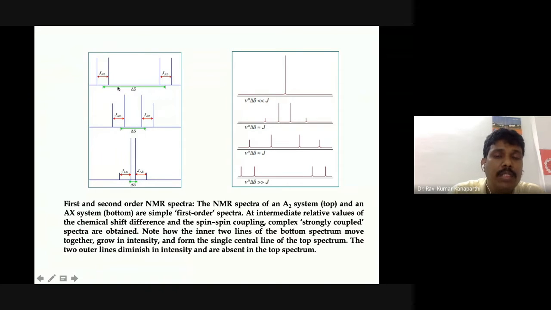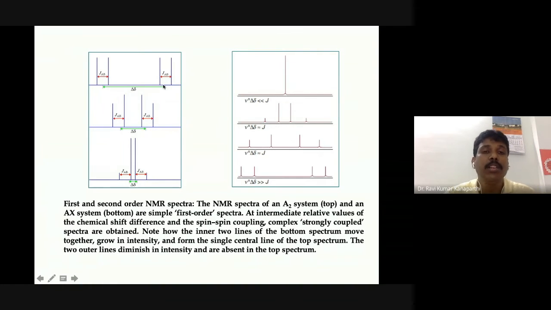If this separation is reasonably good, much greater than that scalar coupling constant, well, that is indeed the case in this particular spectrum. You can see that the separation here is much larger. Therefore, it is a first order spectrum.